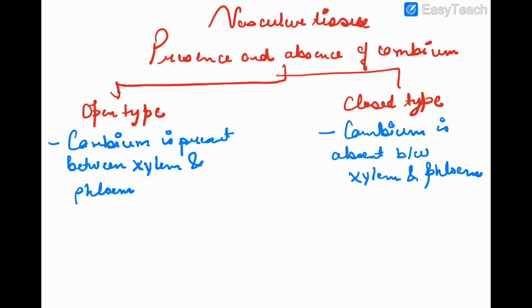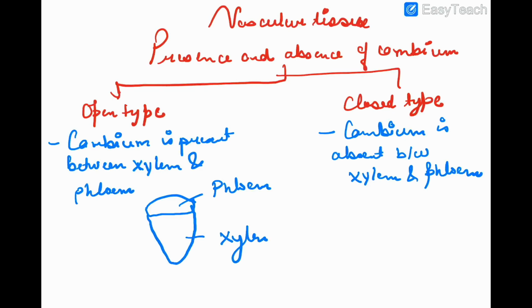Let us draw the diagram. If this is phloem and this is xylem, this is phloem and this is xylem, then here would be present a cambium. This is the cambium. Because cambium is present between the xylem and phloem, this is open type of vascular tissue.